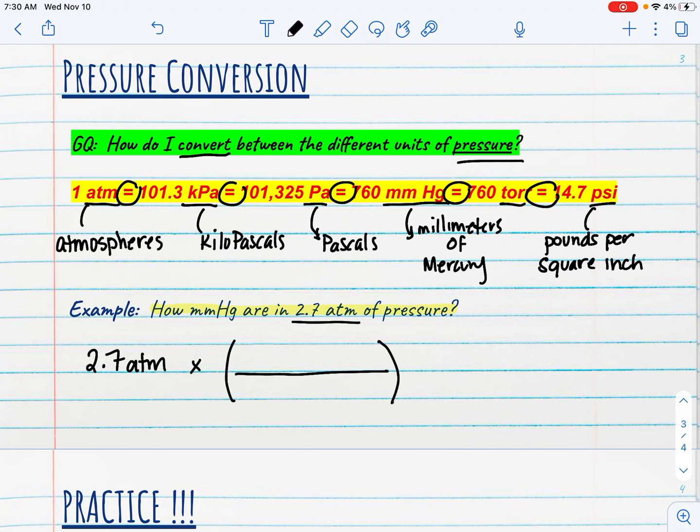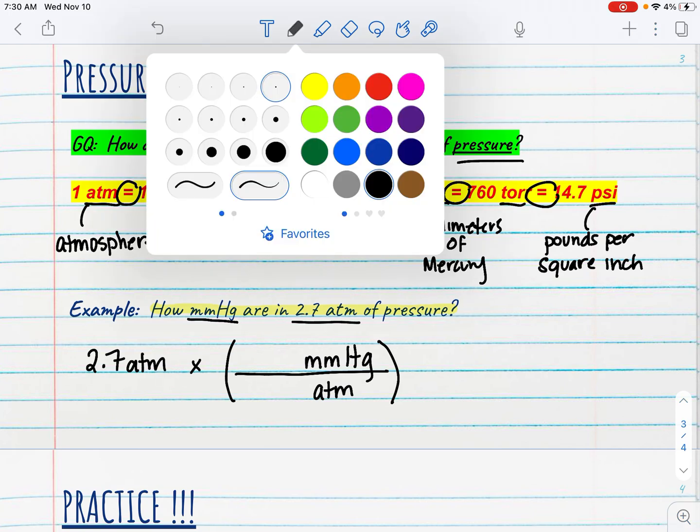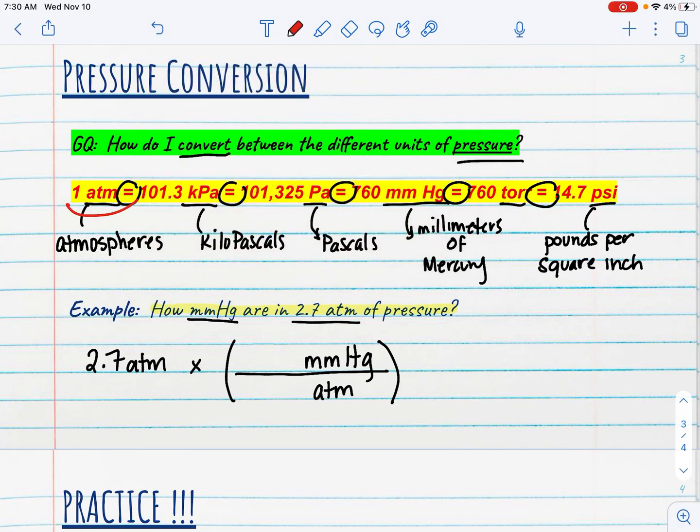All right, I know I don't want this pressure expressed in atmospheres, so I'm going to put it on the bottom to cancel it out. And it says how many millimeters of mercury. So that's what I'm going to put here in the numerator. Now I check my values, and it says 1 atmosphere, so 1, is equivalent to 760 millimeters of mercury.